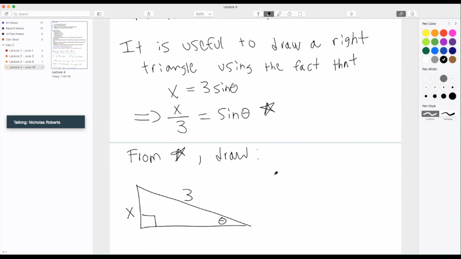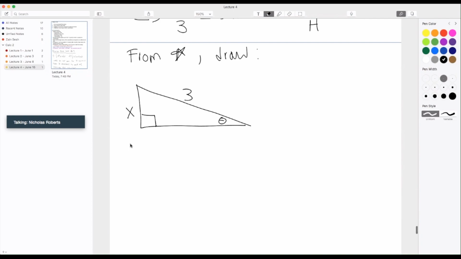This is directly from star. Very good, and then by the Pythagorean theorem, we can quickly get that this missing side is the square root of 9 minus x squared.